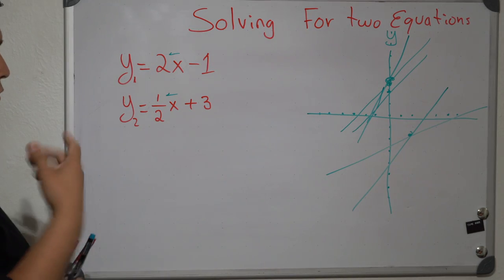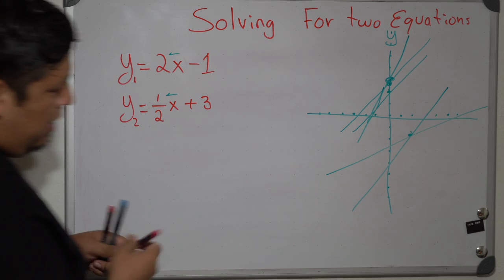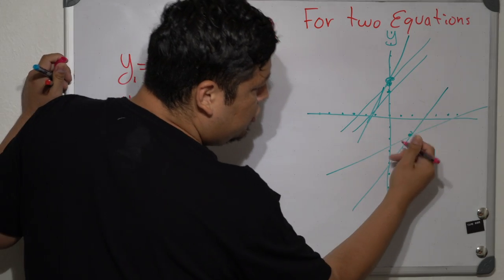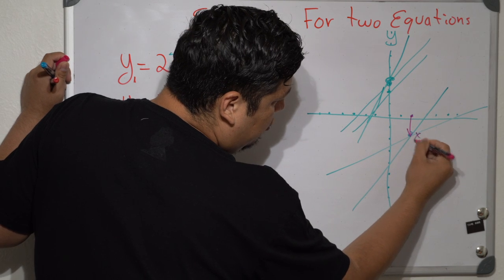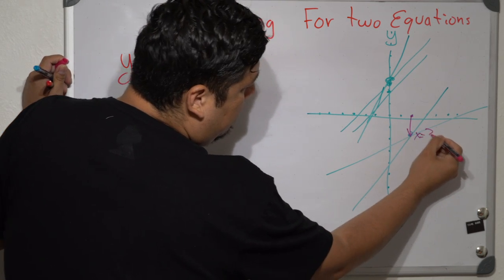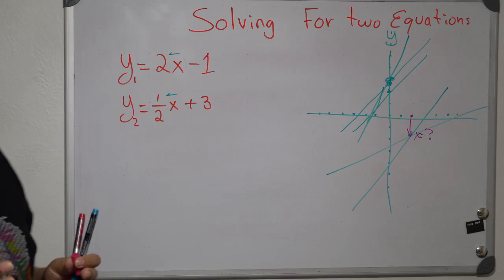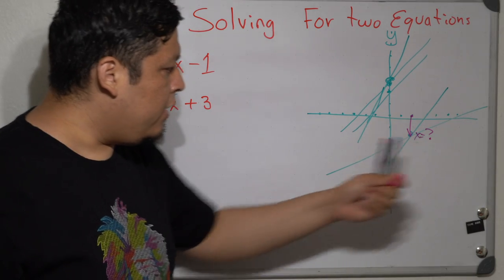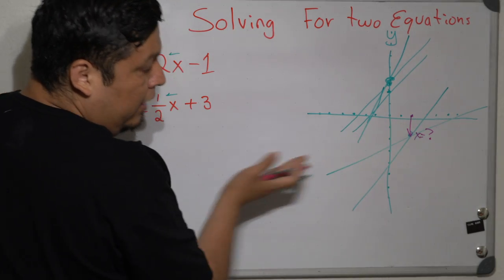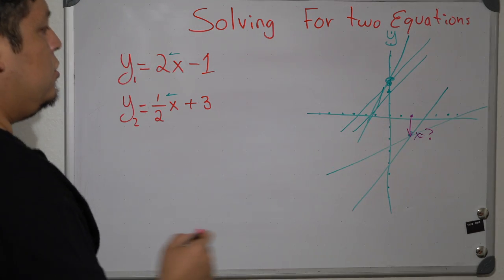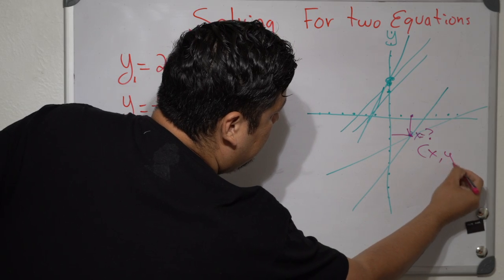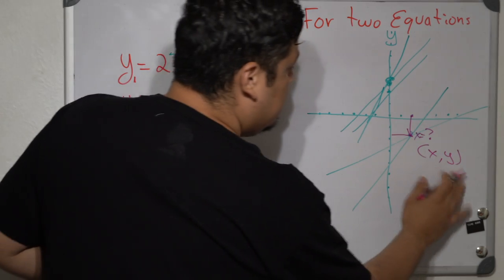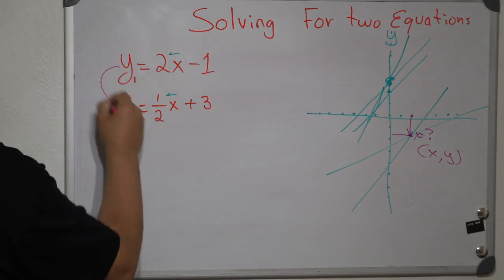So in order for us to find out, assuming these are the two graphs, we know that at some point x, they do meet there. Whatever that x value is, we need to find out. Since we already know that they share the same y value and the same x value, we can equate these two.